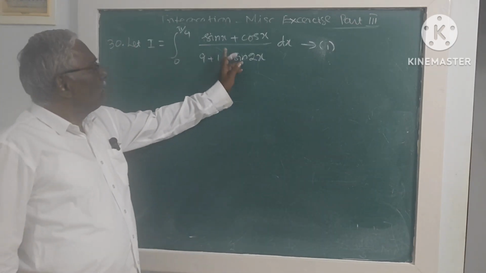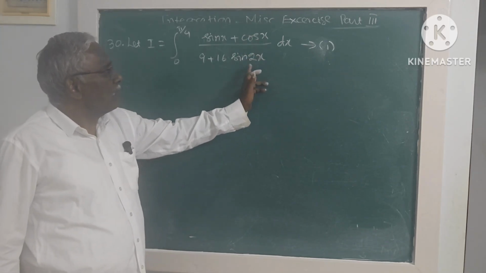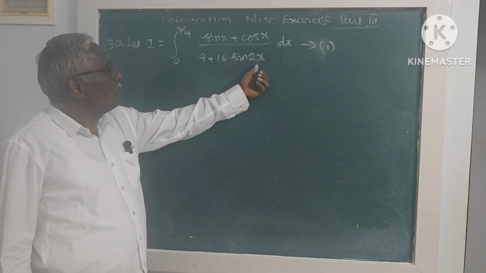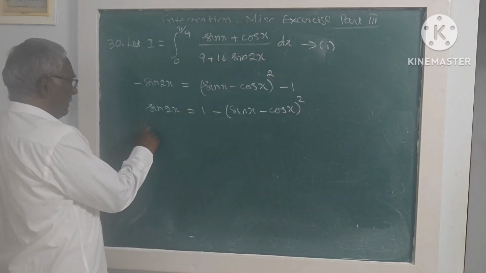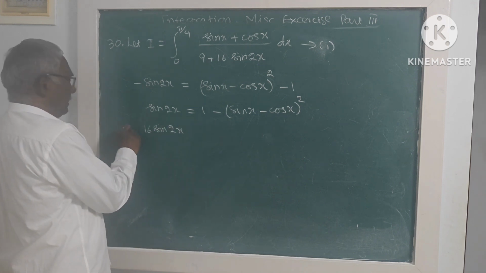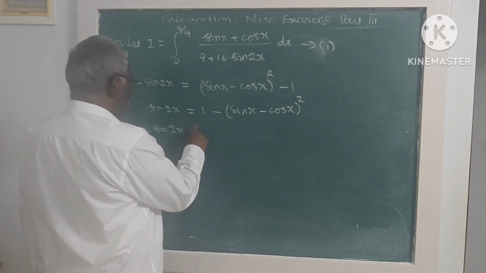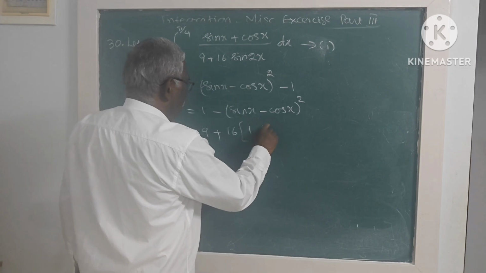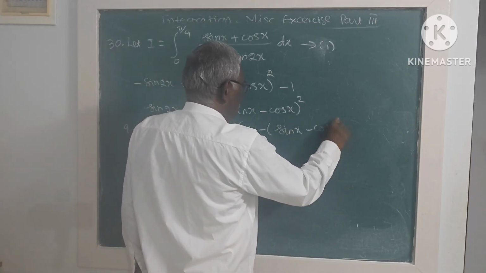So we can see sin x plus cos x is there in the numerator, sin 2x is there in the denominator. So we can write sin 2x in the form of sin x minus cos x whole square. 9 plus 16 sin 2x is equal to 9 plus 16 times 1 minus sin x minus cos x whole square.